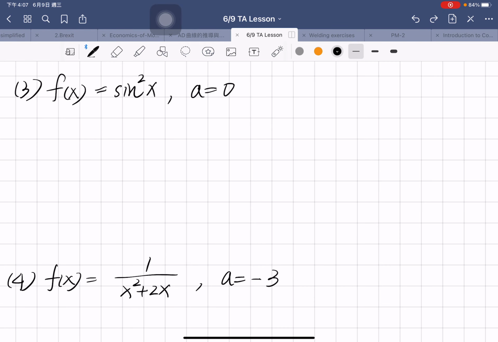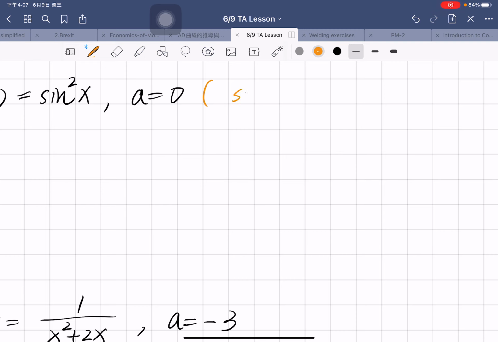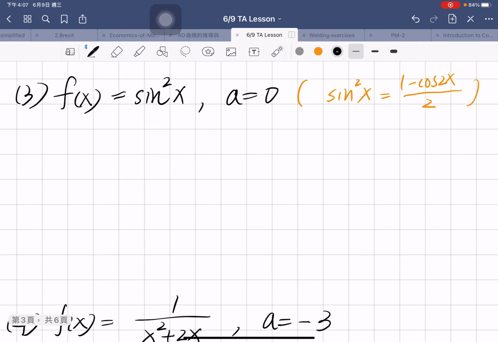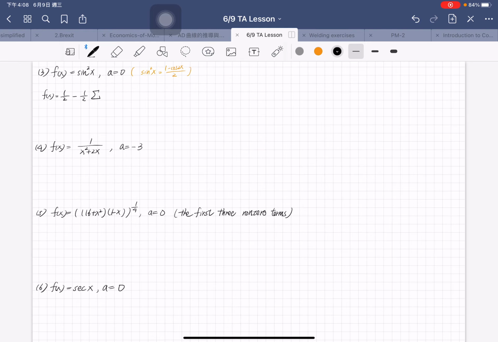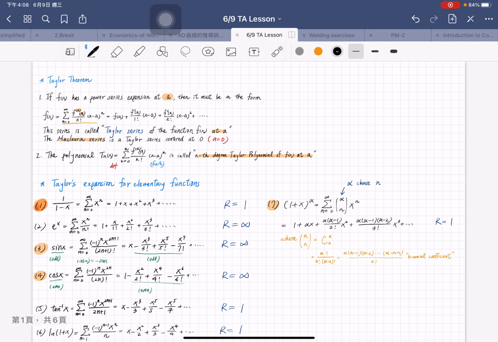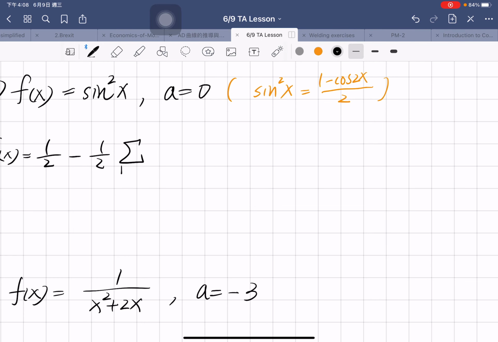So what we do is, sine square will equal to 1 minus cosine 2x over 2, right? As long as you know how to use this, it will be really easy. And so f of x will be 1 over 2 minus 1 over 2, the summation from 0 to infinity of minus 1 to the n power.